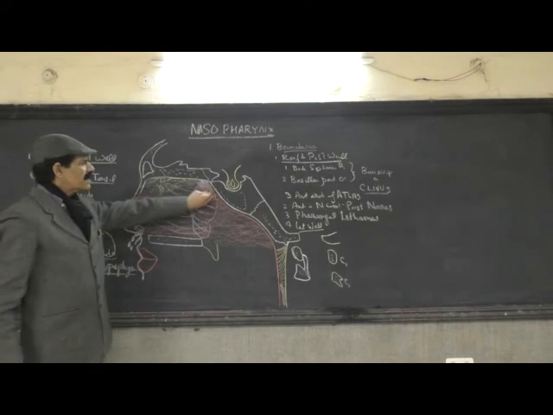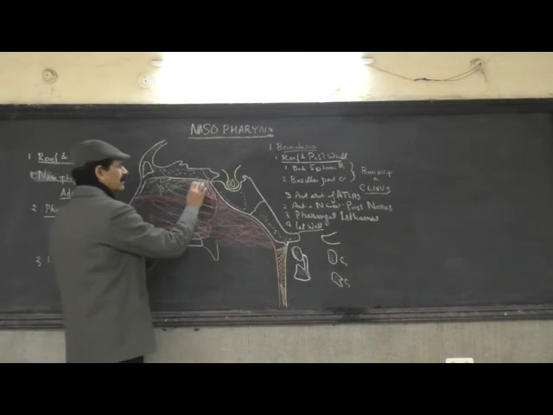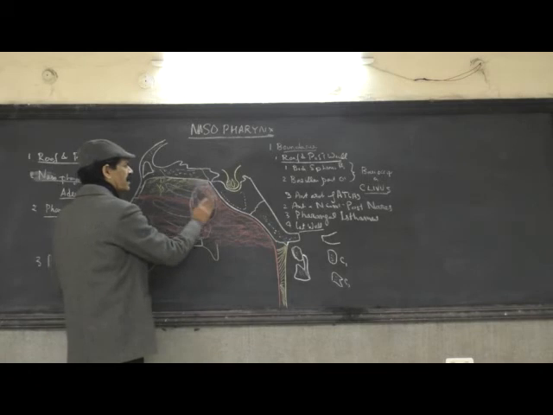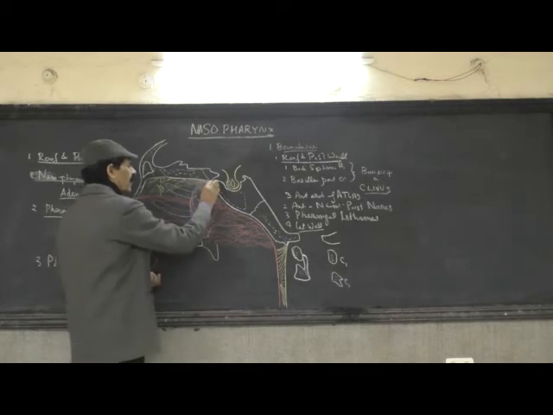Sometimes what happens, the mucous membrane of the pharynx is hanging from the posterior side or the roof of the posterior wall.